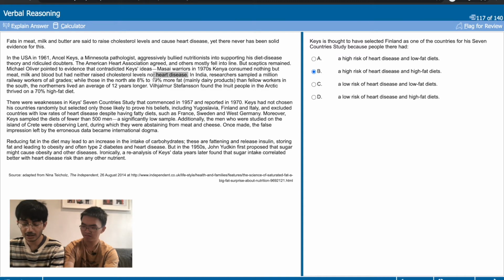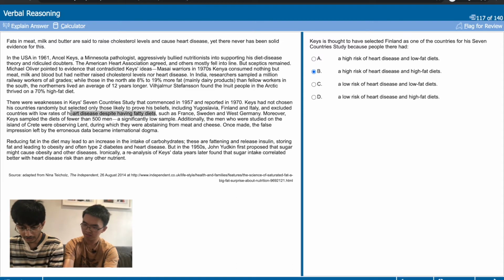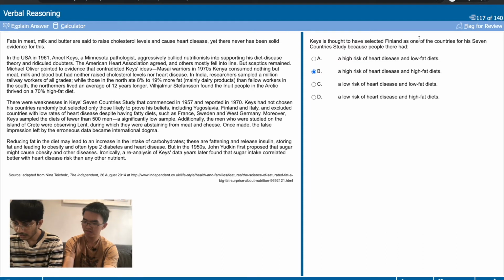I can see heart disease in the second paragraph, and also heart disease and fatty diets in the third paragraph. So I'm going to look here. I'm also going to look for Finland, and I'm just skimming this.